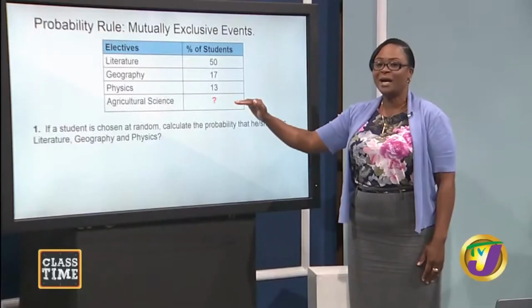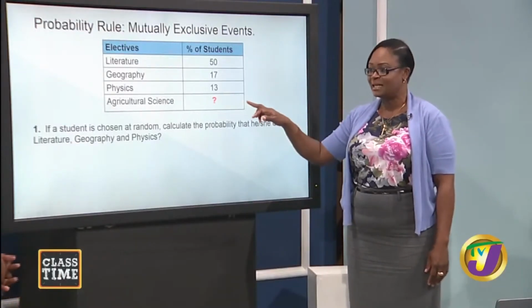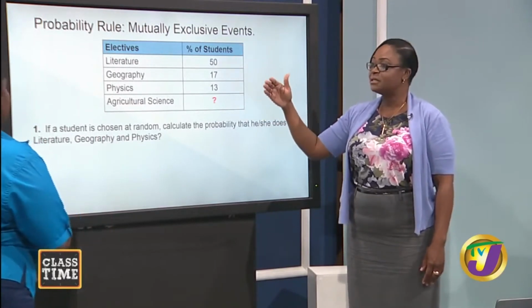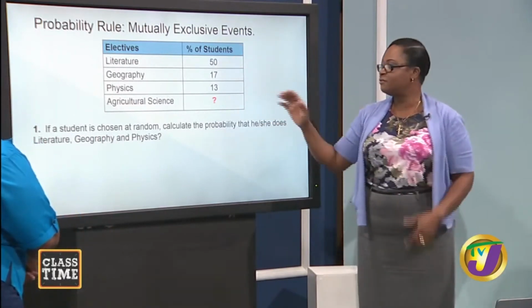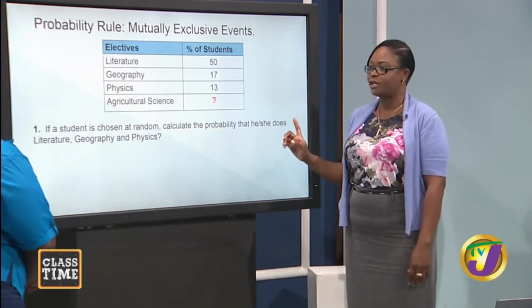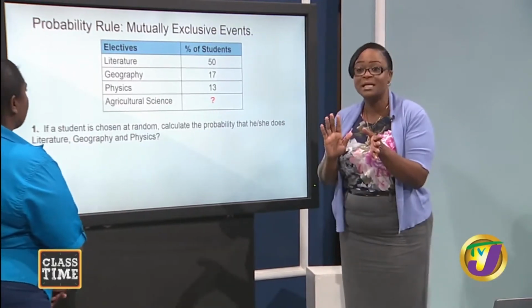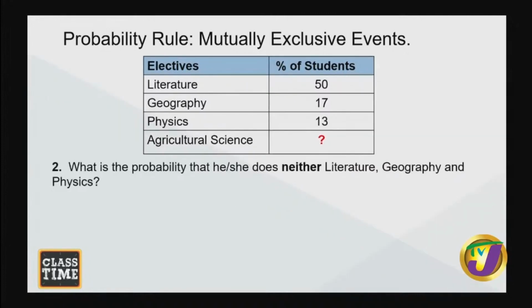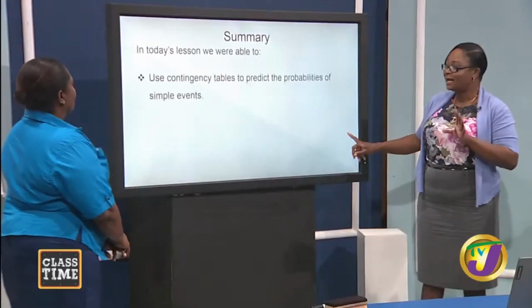So after you would have identified the percentage, remember, 50 added to 17, added to 13, added to what gives you 100, right? Because it's percentages we're doing. And of course, what is the probability that he or she does neither literature, geography, or physics?